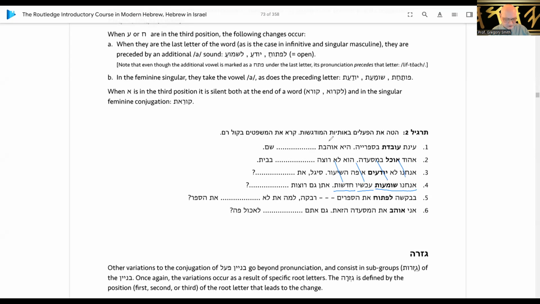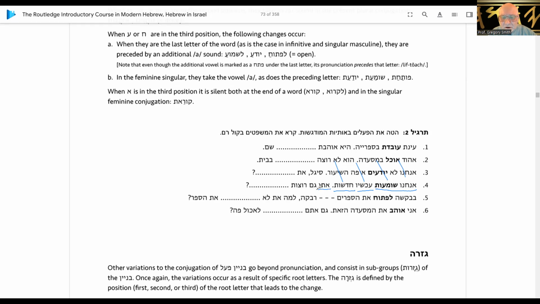Let's see. Yeah, it's not "shomrot," it's "shomot." Yeah, we are listening to the news now.